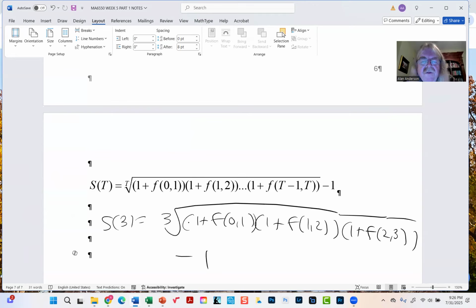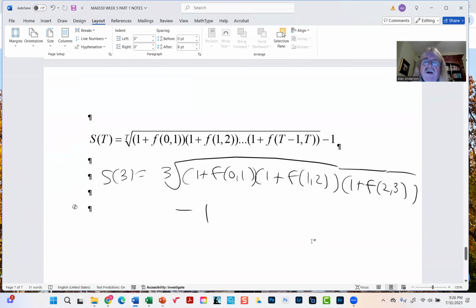So in other words, you're going along the sequence of 1-year forward rates. Although remember, this one is actually S1, but we can think of it as a special type of forward rate. So we can write it in this general form: 1 plus F0,1 times 1 plus F1,2 times 1 plus F2,3. The product of those, we raise it to the 1/3 power because there's 3 of them, and then we subtract the 1.